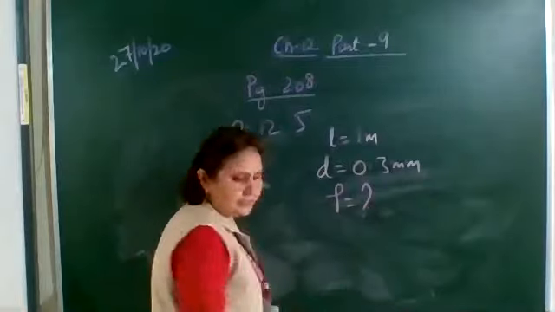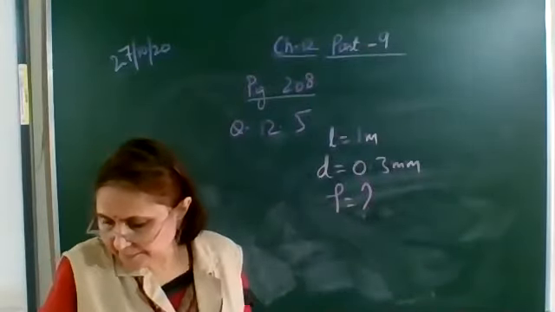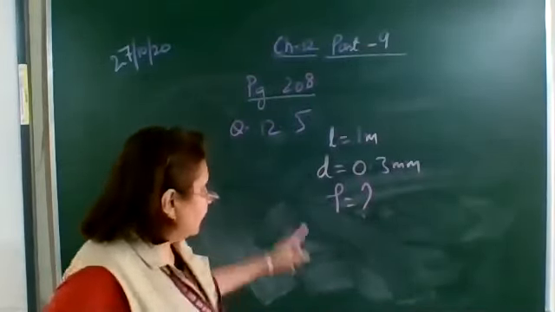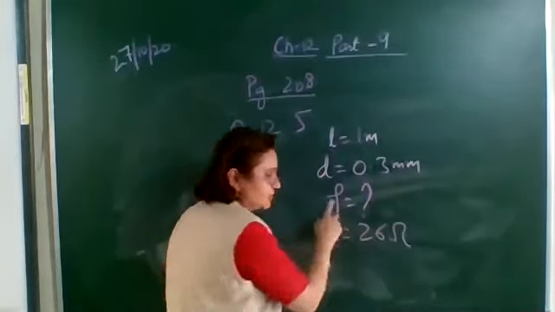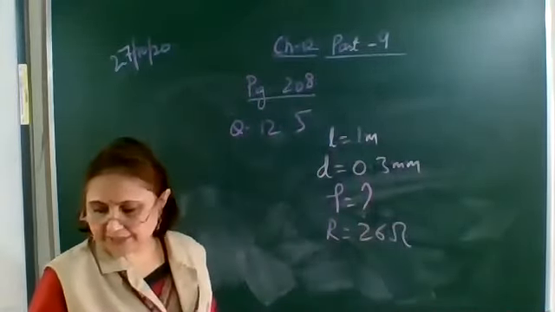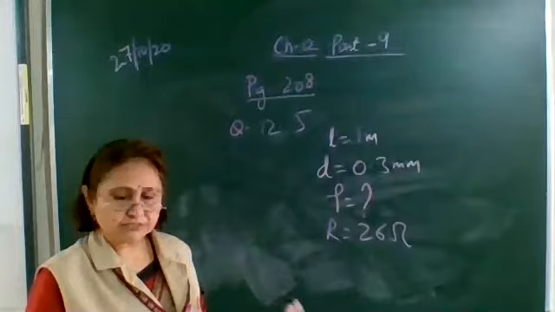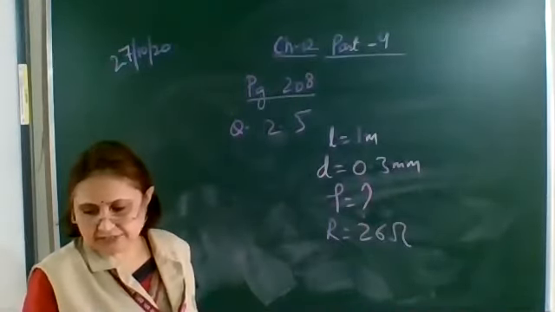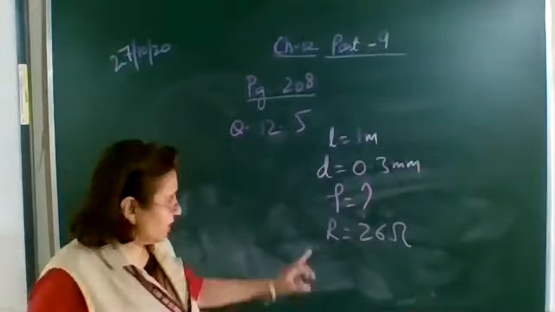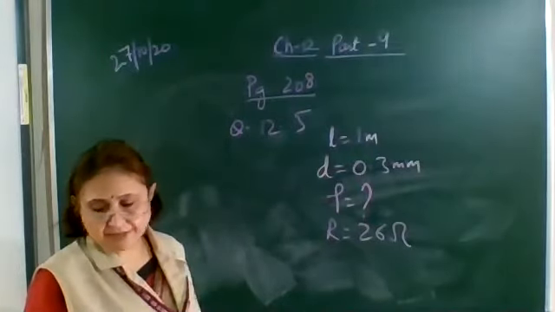Rho has to be determined. And the resistance is 26 ohms, and the temperature is 20 degrees Celsius, which remains constant. As there is no change in the temperature, the resistance will be the same. You have to find out the resistivity and which material.